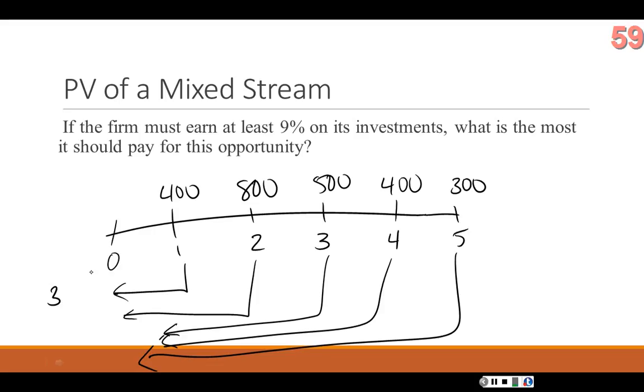So $400 discounted back 1 year, $366 and some change. $800 discounted back 2 years is $673 and change. $500 discounted back 3 years, $386. And we can continue this process and add them all up. At the end, if we added all of them up, we would find the present value is $1,904.75.